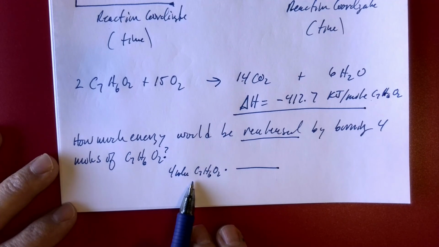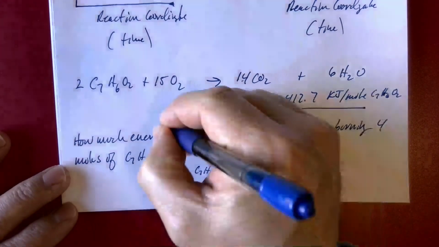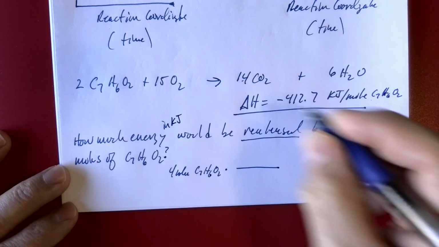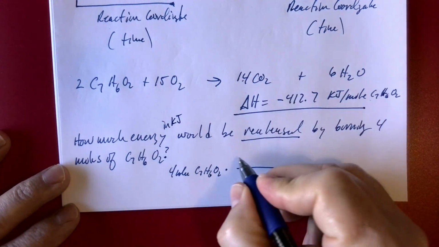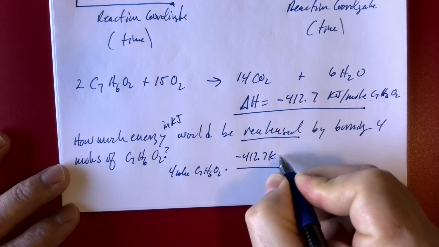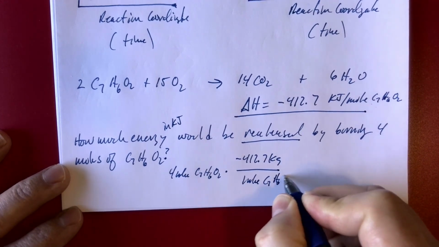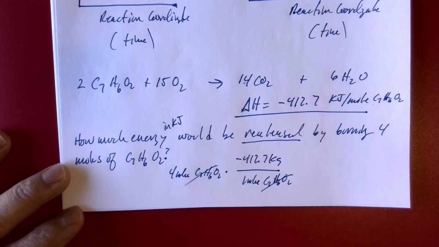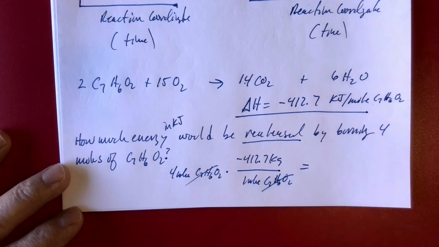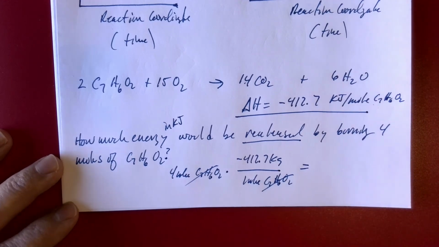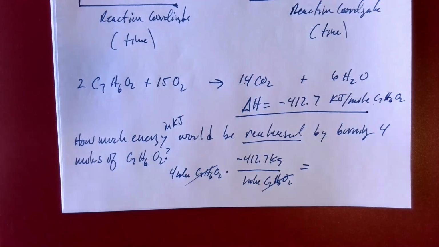Don't I want to get into how much energy, let's say in kilojoules, because that's what I'm written in, right? Wouldn't I go negative 412.7 kilojoules for every 1 mole of C7H6O2? Then wouldn't my moles of C7H6O2 go away? I'm going to be left with what? What's this answer going to be? Put it into sig figs for me as you do it. Somebody's got to know how to do this.